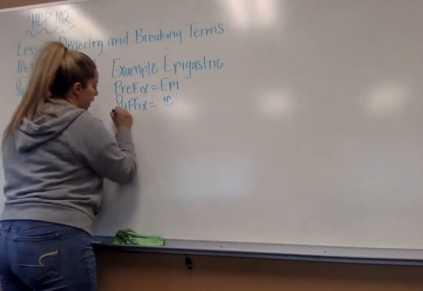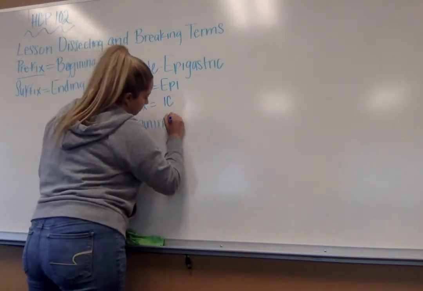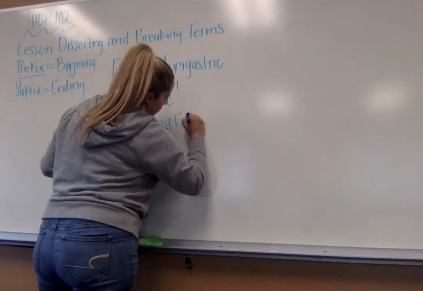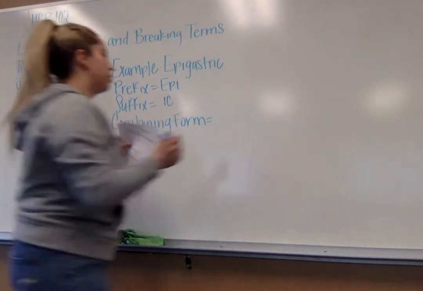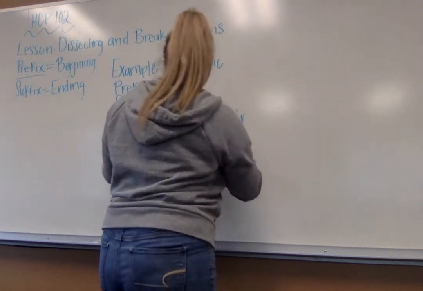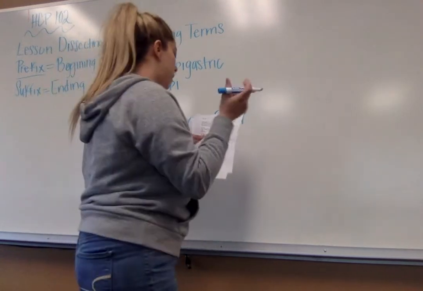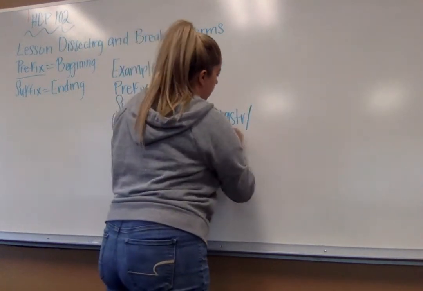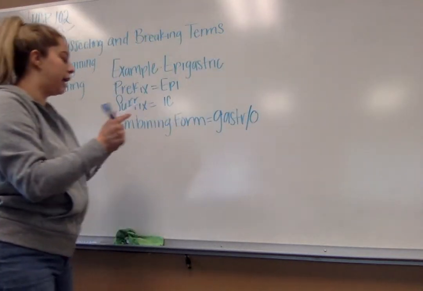So that means our combining form would be what? Gastro. So this is what I'm talking about, that sometimes a vowel enters it. So for gastro, it would be O. That's our vowel that's added.